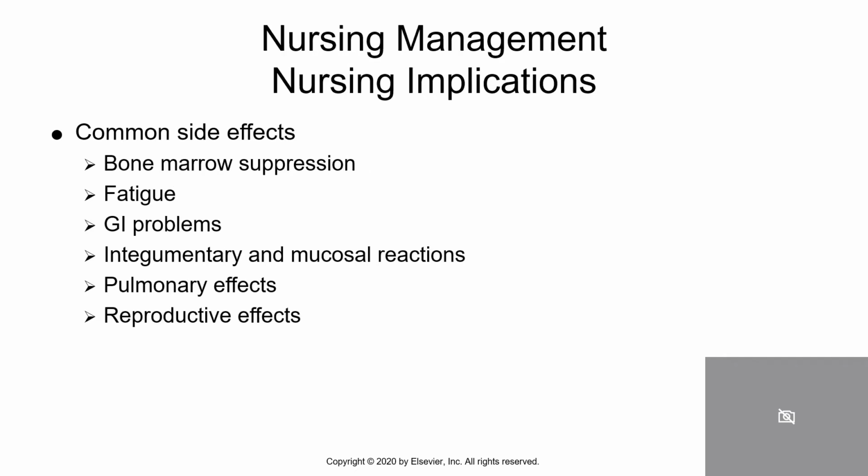Common side effects from the radiation are bone marrow suppression, fatigue, GI problems, skin and mucosal reactions, of course, pulmonary effects and reproductive effects. And it's important as the nurse that you educate the patients about what type of treatment they're getting.